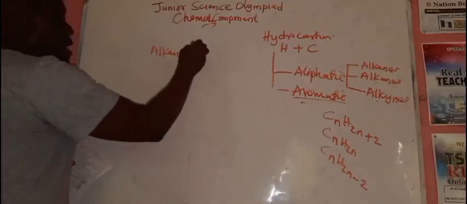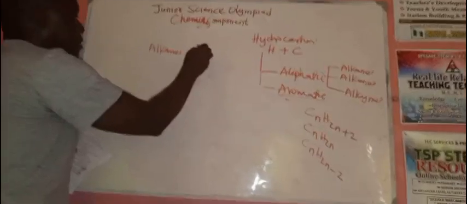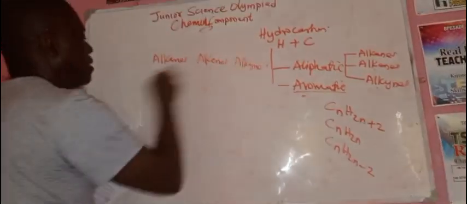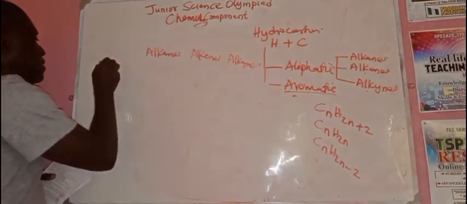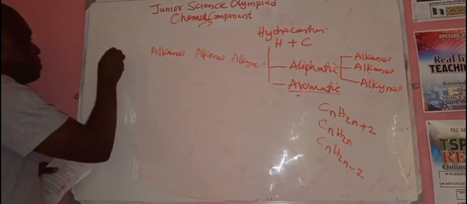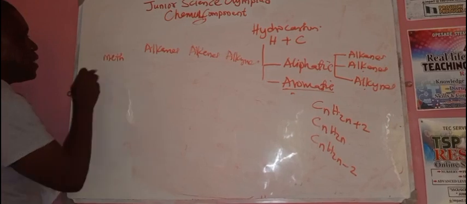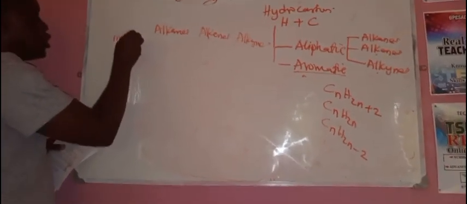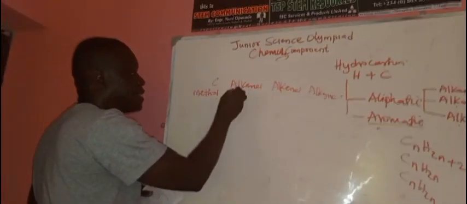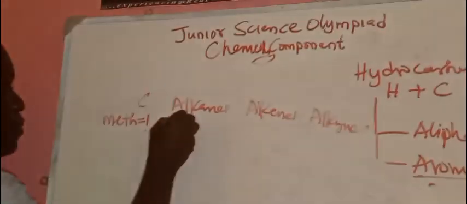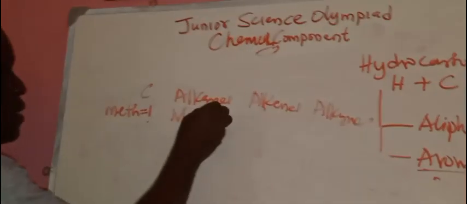Now let's look at the alkanes and the alkynes. The first is methane. Meth means 1, so it has 1 carbon atom. You remember we mentioned methane today.